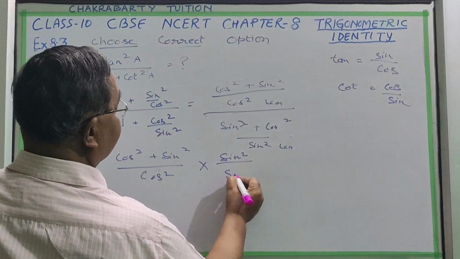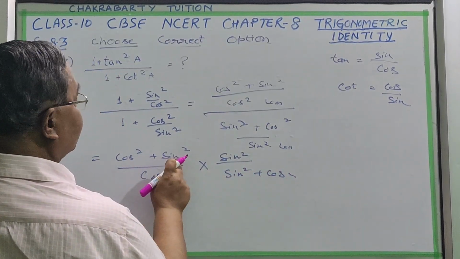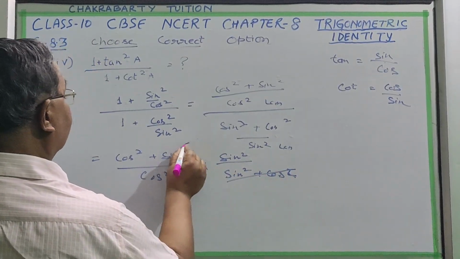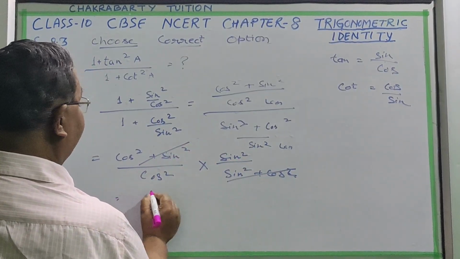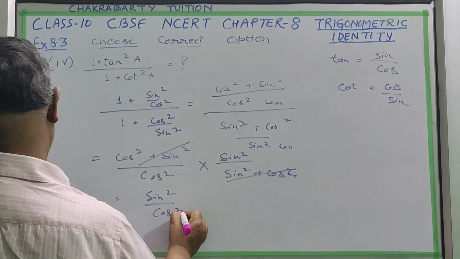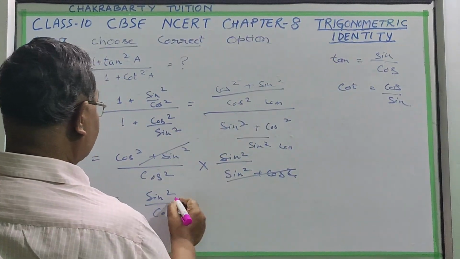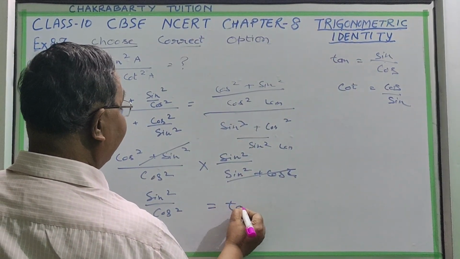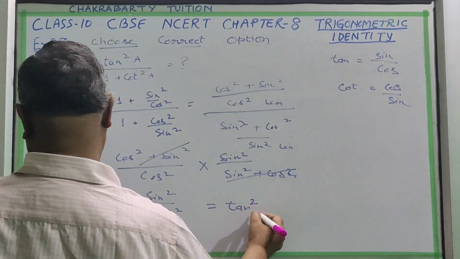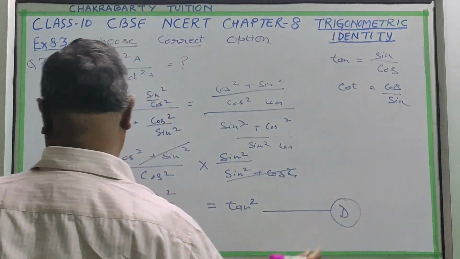Sin square upon sin square plus cos square. Okay. So cos square plus sin square, cos square plus sin square, so this will go out. What will remain? Sin square upon cos square. So sin upon cos is equal to tan, and square is there, so it will be tan square. Now we have to see which option it is. It is in D option. So D option will be your answer.